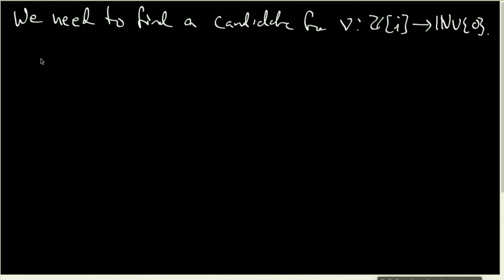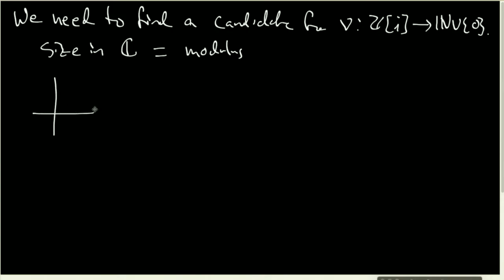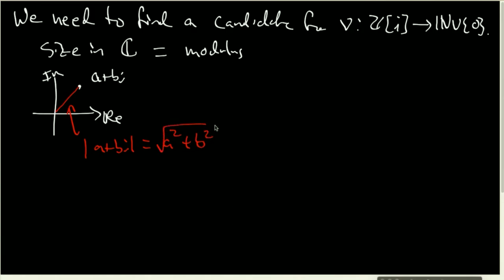Well, I want to be thinking in terms of size, and size inside the complex numbers means the modulus of a complex number. If I'm thinking in terms of the complex plane, so this is my real axis and this is my imaginary axis, if this is the number a plus bi, the distance between 0 and a plus bi is defined to be the modulus, and that's known to be the square root of a squared plus b squared.